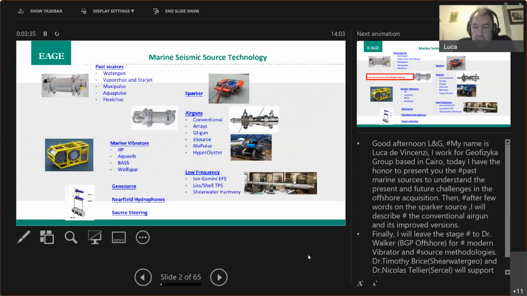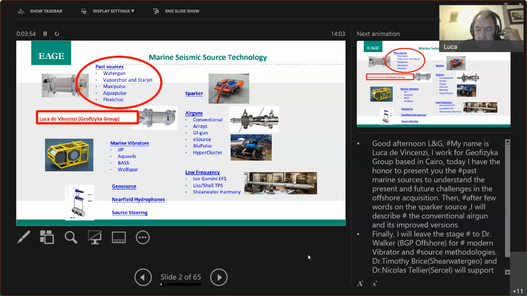My name is Luca de Vincenzi. I work for the Geophysical Group based in Cairo. Today I have the honor to present the past marine sources to understand the present and future challenges in offshore acquisition. After a few words on the Sparker source, I will describe the conventional airgun and its improved versions.